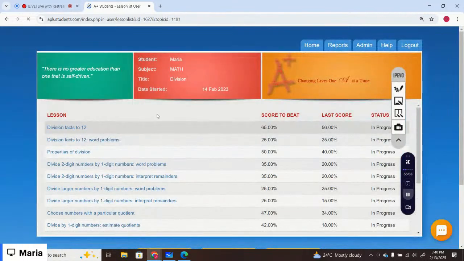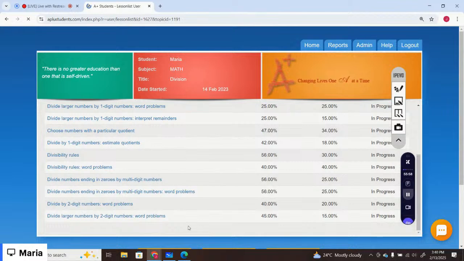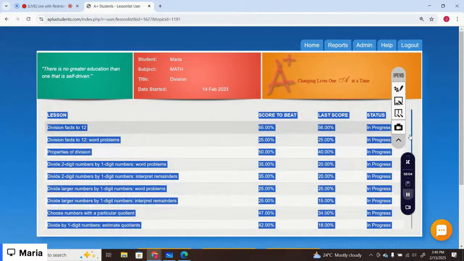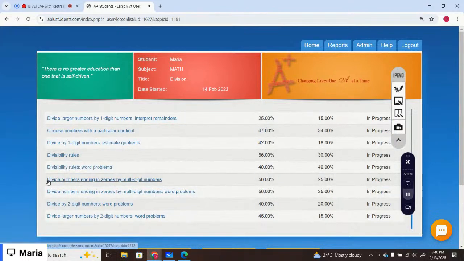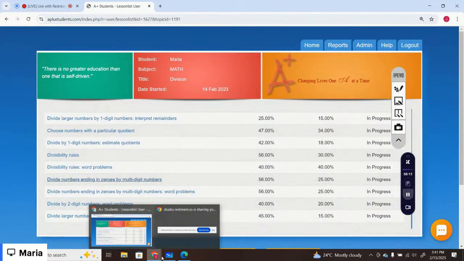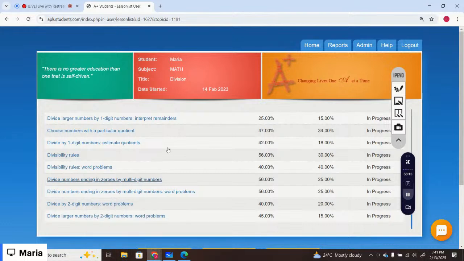The lessons we have covered today are divide numbers ending in zeros by multi-digit numbers, divide numbers ending in zeros by multi-digit numbers word problems, divide by two-digit numbers word problems, and divide larger number by two-digit number word problems. That is not confusing. You just have to understand the question, then you will find what you have to find actually. The important thing is the statement given in the question.